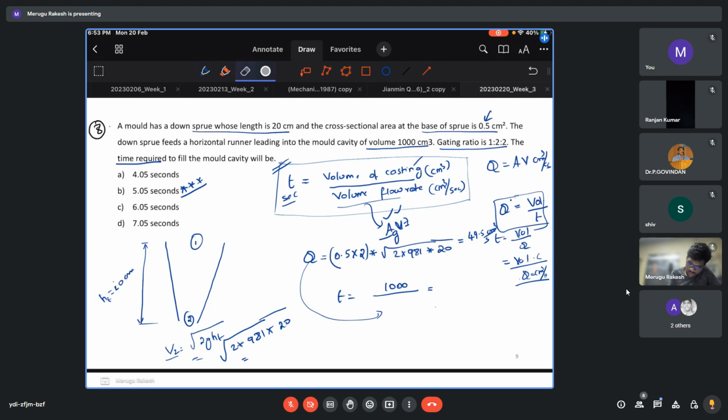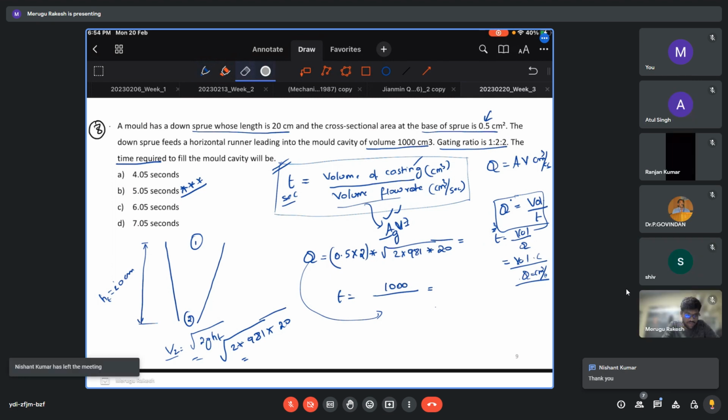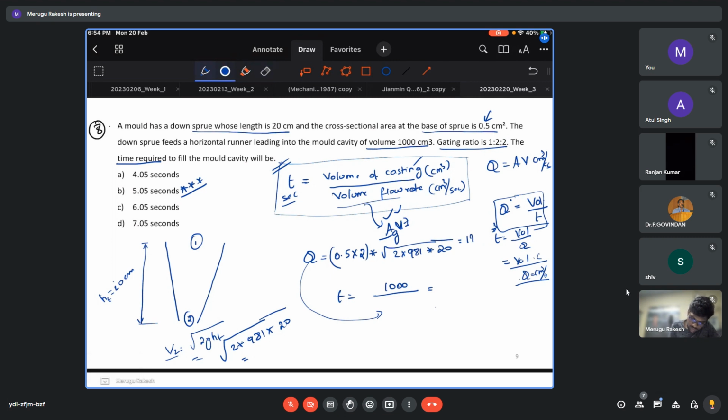So this will be 0.5 into 2, that is 1. So 2 into 981 into 20 square root. So this will be 198. This will be, I think, around 5.0 seconds.